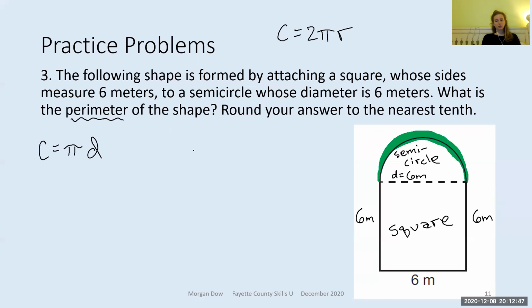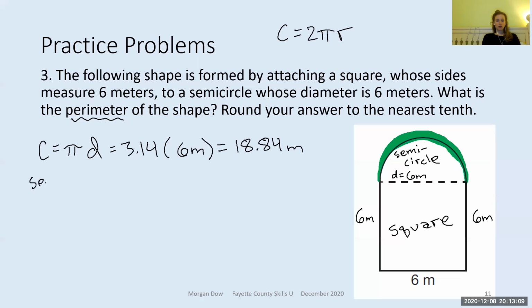So the circumference around a whole circle with a diameter of 6 would be 3.14 times 6 meters. And that's going to be 18.84 meters. But we don't actually want to know the distance around a whole circle. We want the distance around this semicircle, this half circle.